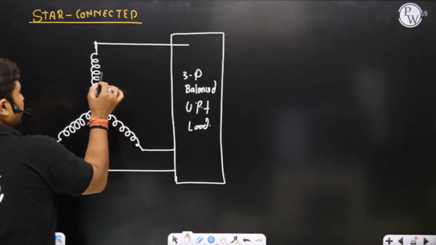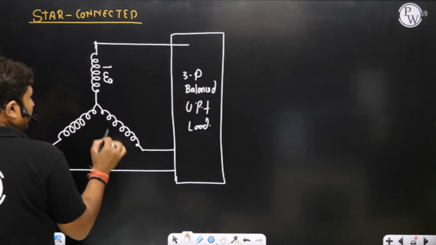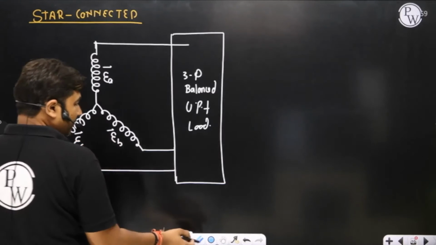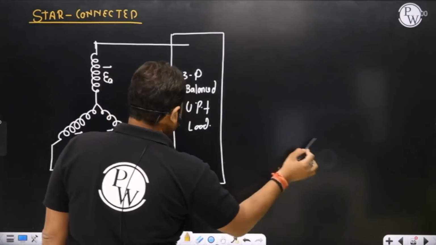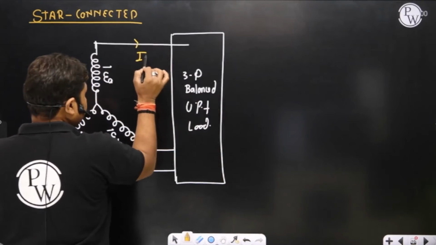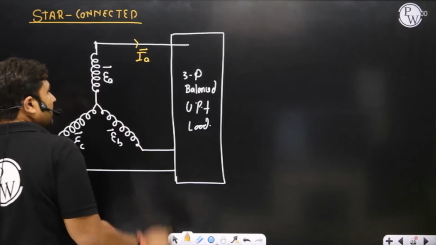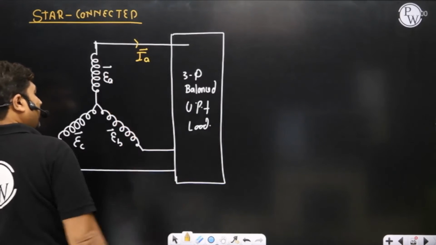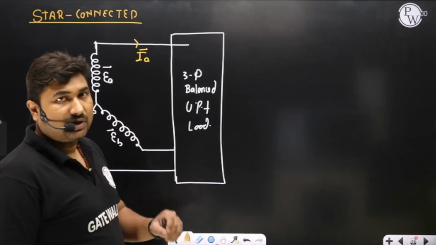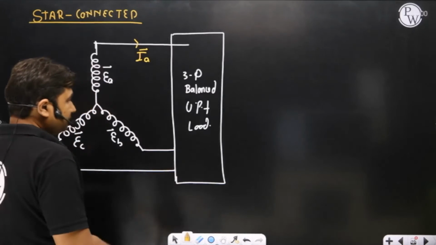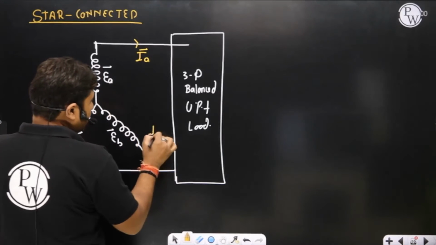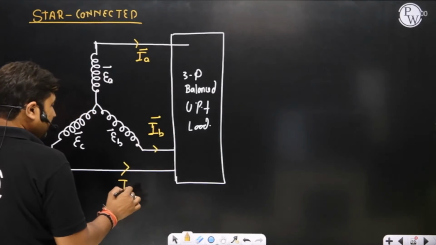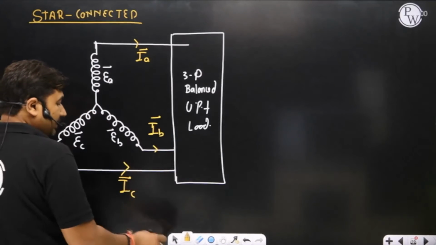Please observe here, we have EA, EB and EC. IA is EA by a resistive load because of unity power factor. Power factor is always on the basis of per phase. So it can be clearly observed that IA, IB and IC are in phase with EA, EB and EC.